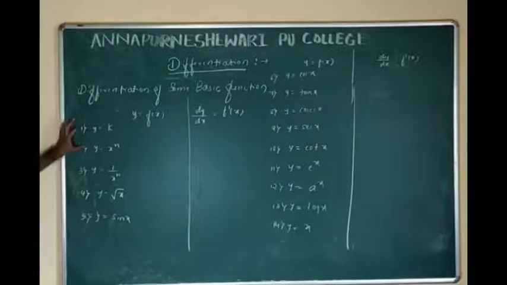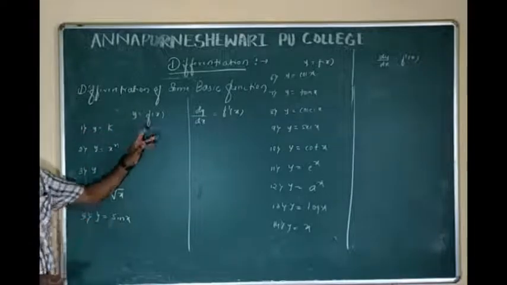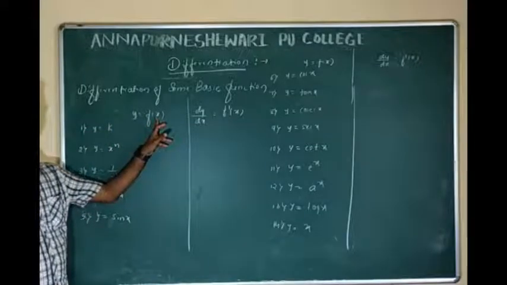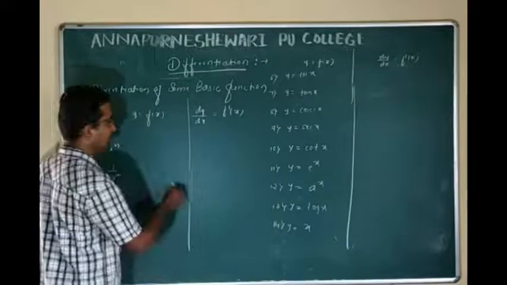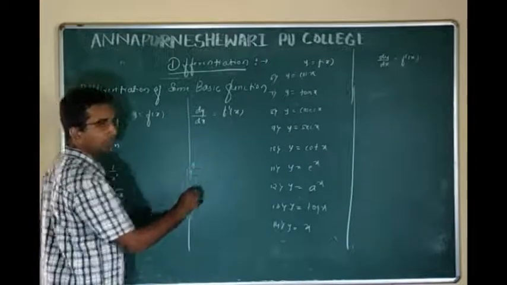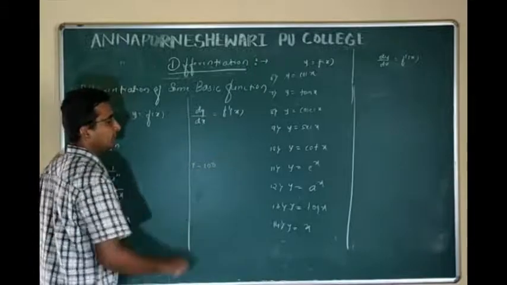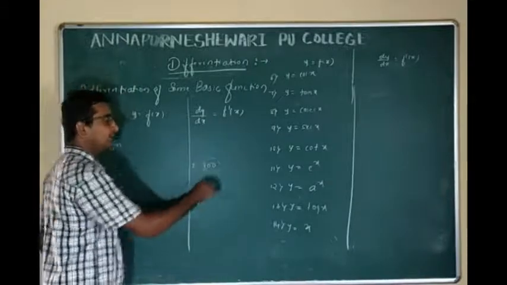So the differentiation of a constant term, that is k. Here the domain should not be in terms of x. For example, if they give y equal to 100, is any x term there?